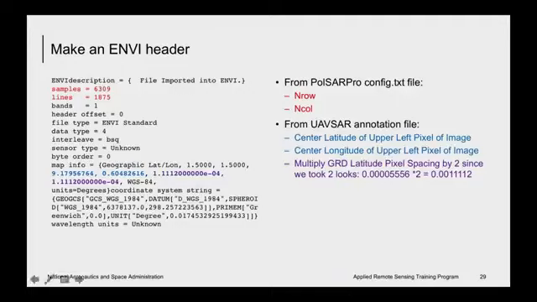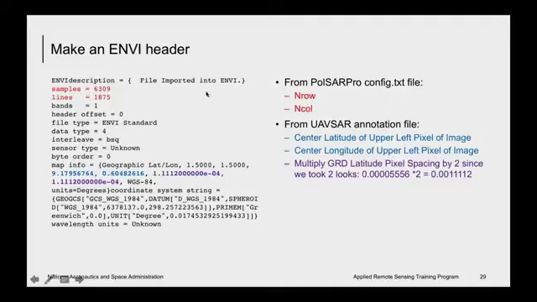And you don't have to work with the ENVI software. QGIS will read images with ENVI headers, and also ArcGIS, starting at 10, will read ENVI images. So what you need to change here is the number of samples and lines.